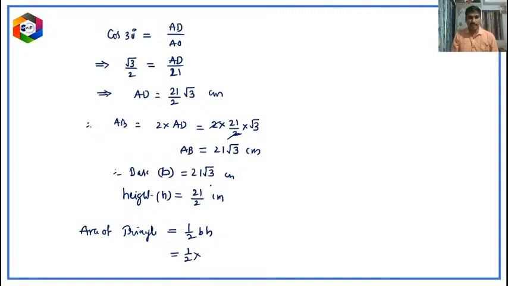What is the base here? 21 root 3, into what is the height? It is given, 21 by 2. Now let us simplify that. The remaining values also are to be simplified.